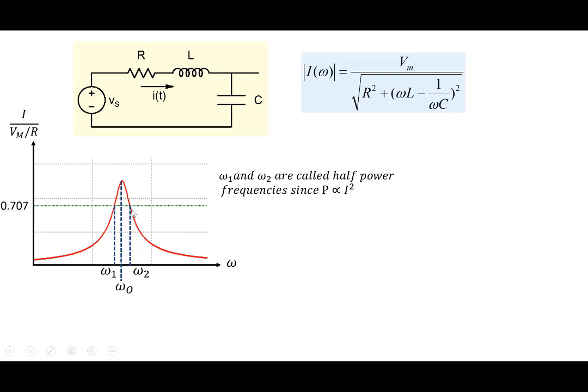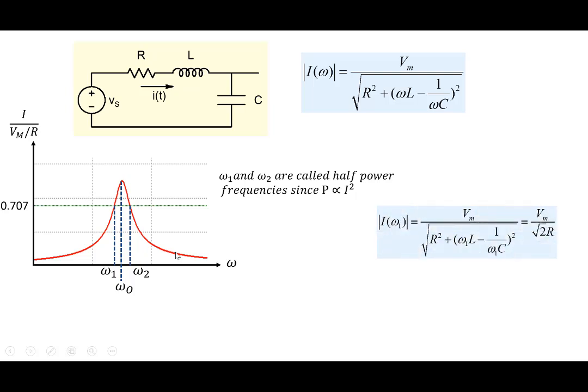So omega 1 and omega 2, the reason we are looking at them is that this is a band pass filter, and effectively my filter is passing frequencies between omega 2 and omega 1. So this is the bandwidth of the filter. Omega 2 minus omega 1 is the bandwidth, and omega naught is the center frequency of my band pass filter.